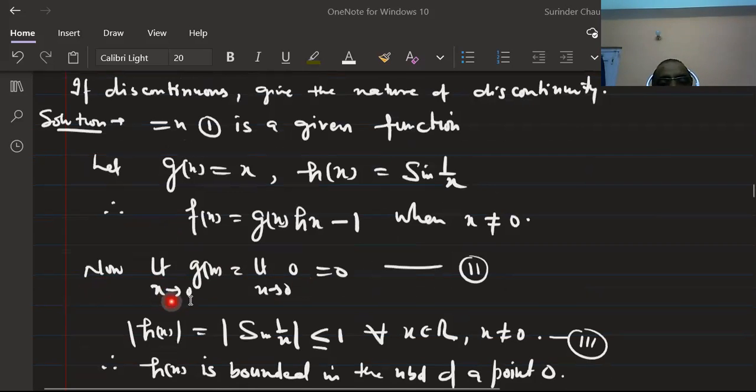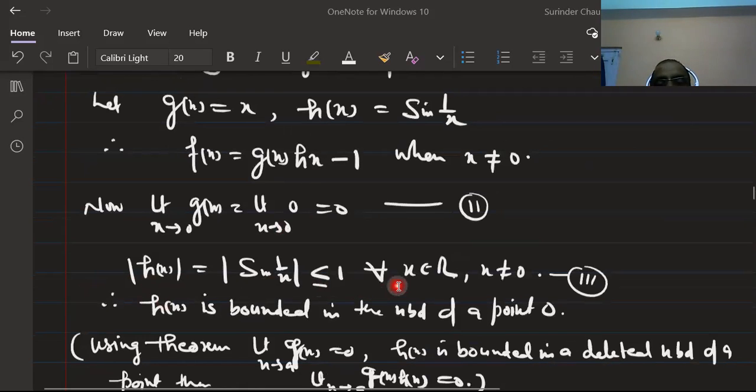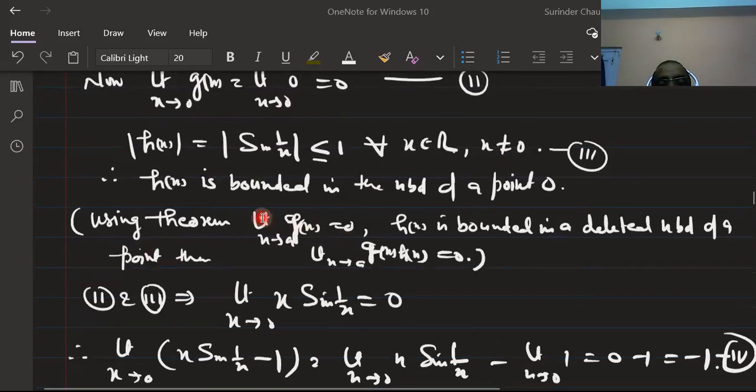Now the limit as x goes to 0 of g(x) is 0, and h(x) is bounded in the neighborhood of 0. Using the theorem, if the limit as x goes to a of g(x) is 0 and h(x) is bounded in the neighborhood of a, then the limit of g(x) h(x) is equal to 0.